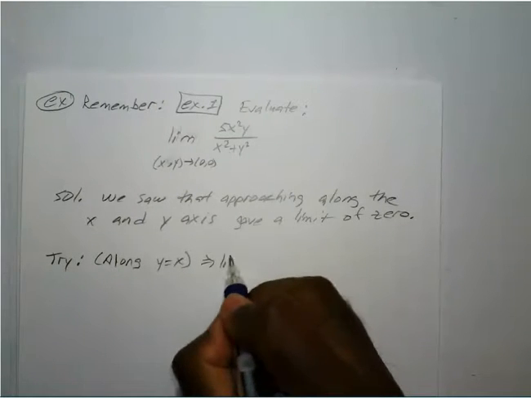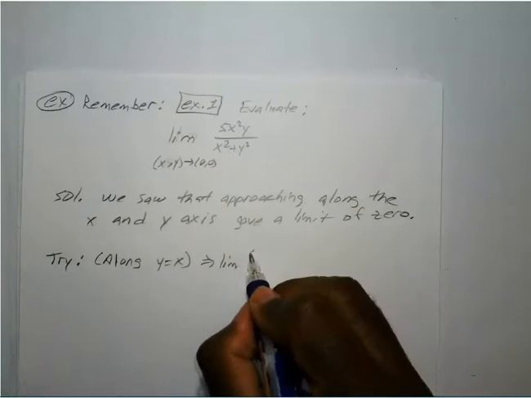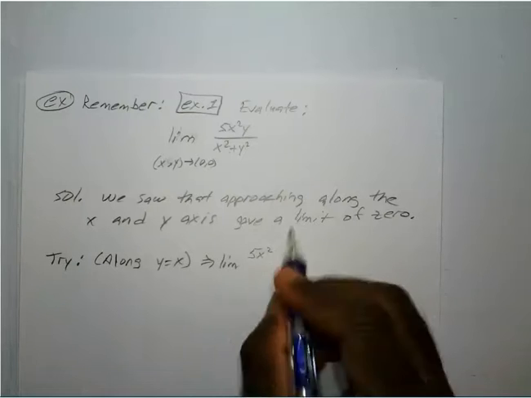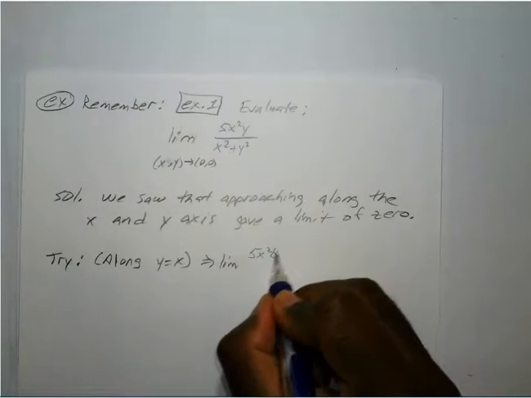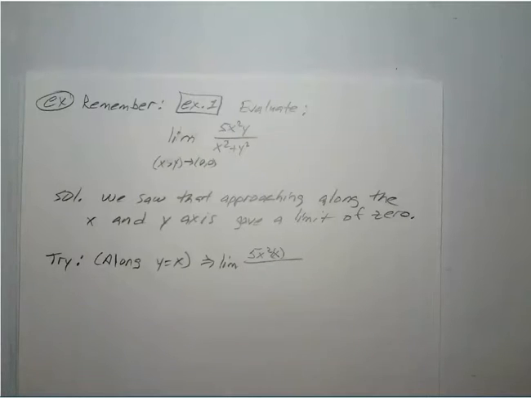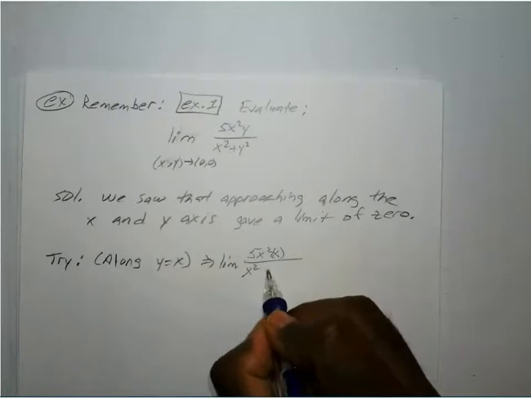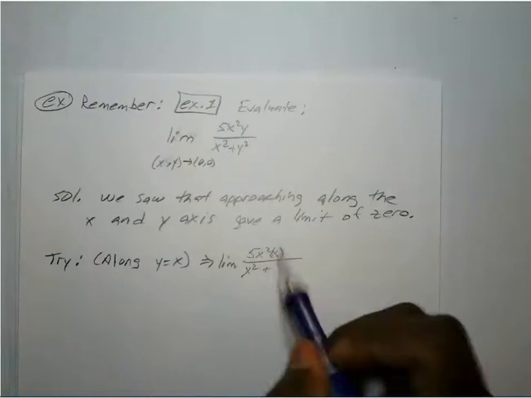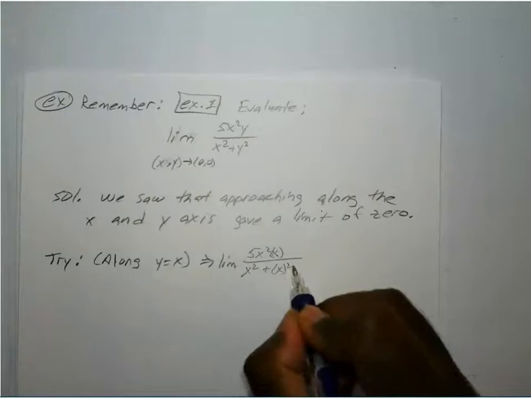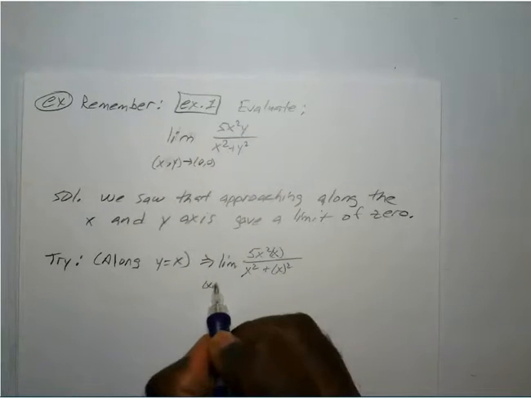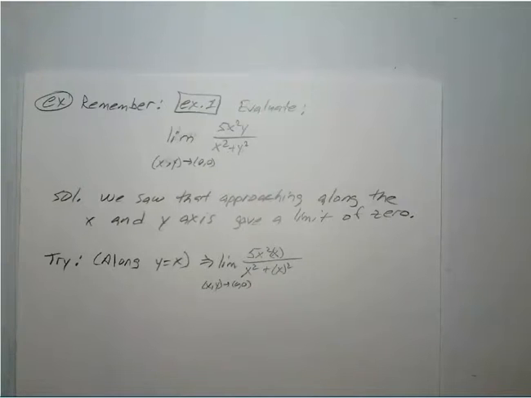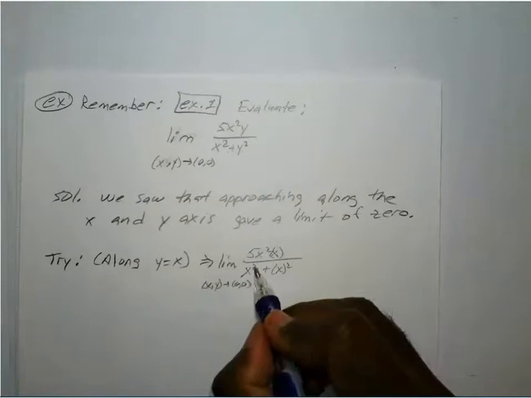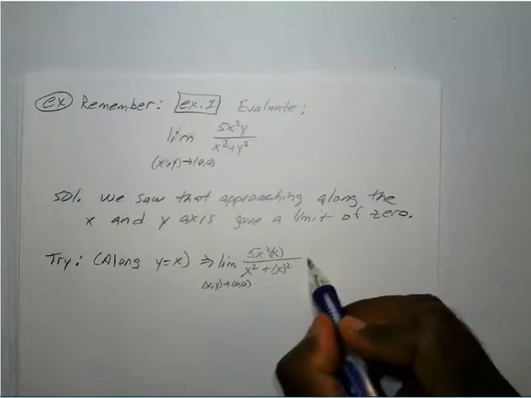So you have the limit of 5x squared, and replacing y with x, over x squared plus x squared, as (x,y) approaches (0,0).